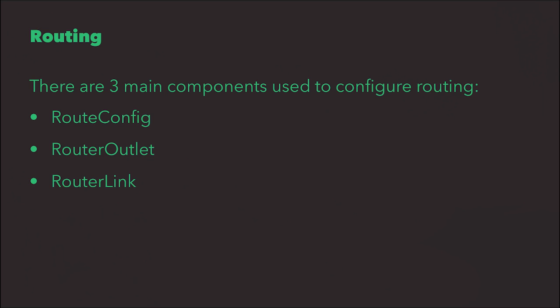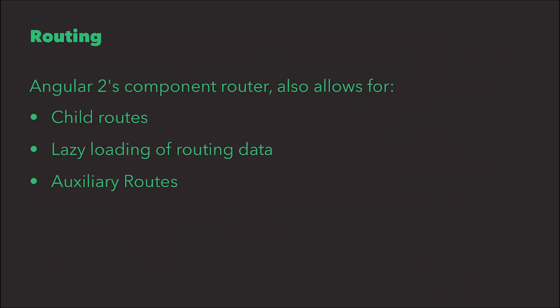With the component routing, there are three primary parts to the configuration and the setup of the router. There is the route config decorator, the router outlet directive, and the router link directive, and we'll be going over how to use these over the next few slides.